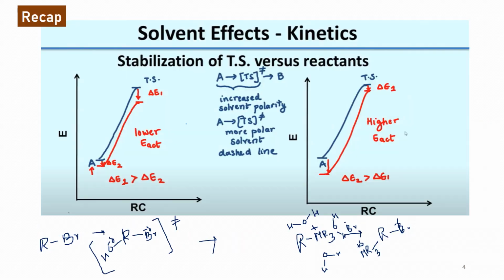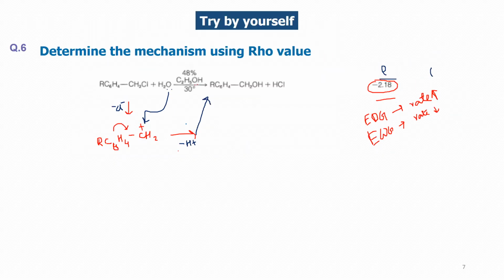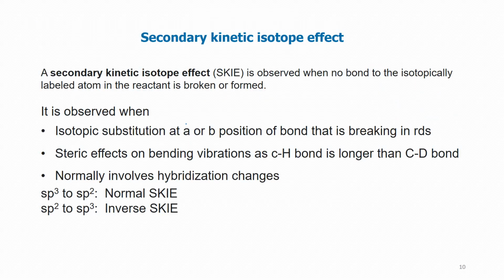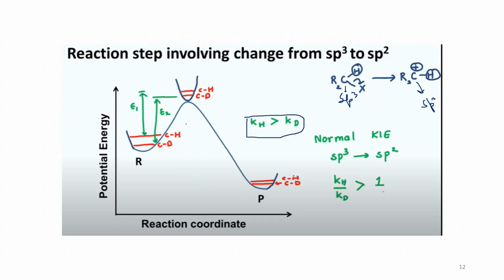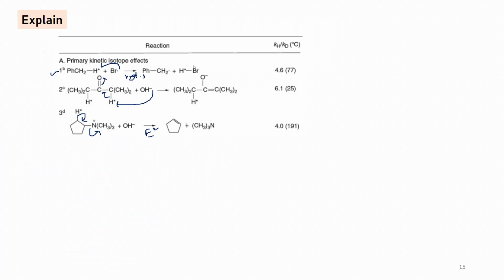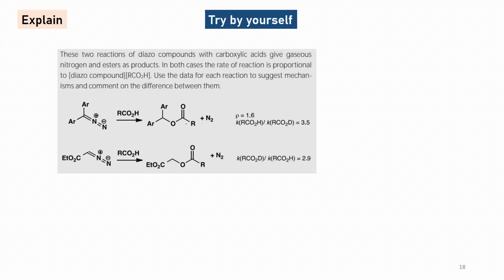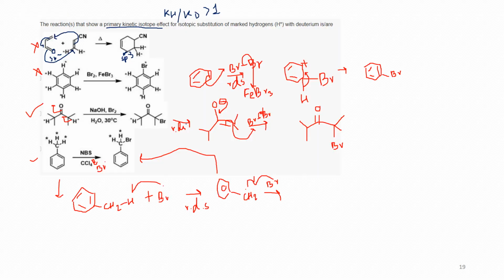So first we solved one question based on the rho value or Hammett equation. Then we solved some questions based on kinetic isotope effect, and we discussed other different types of kinetic isotope effect like secondary and its origin, and we solved some examples based on that. Then one question we gave, which you could try by yourself. I will solve this one in the next class.